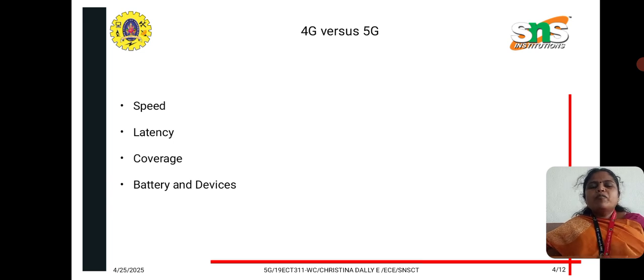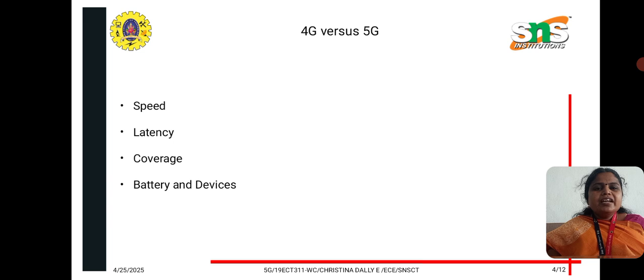So now we are going to compare these parameters for 4G versus 5G. The first thing is speed. Compared to 4G, 5G is much faster and the latency will be lower when compared to 4G.